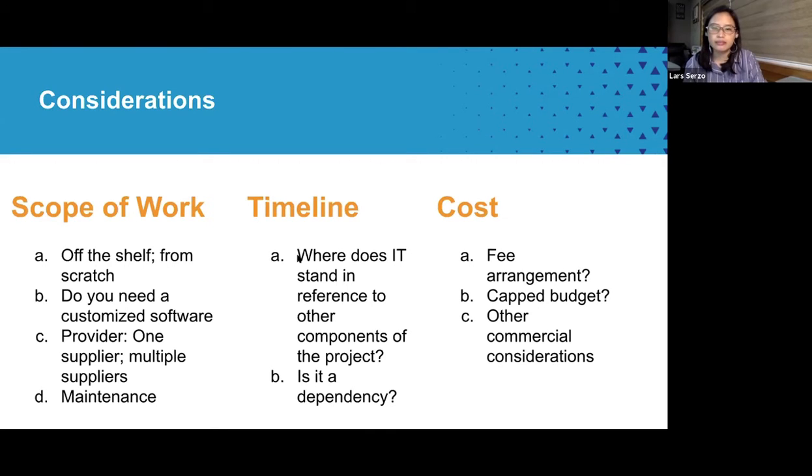And then for timeline, you need to consider where your IT project would stand in reference to other components of your bigger project. The reason would be you should identify if it's a dependency for other things, so that if you're sensitive as to deadlines, as to timeline, then you can consider putting in provisions that would disincentivize your provider from delay or from other failures, and then of course cost.